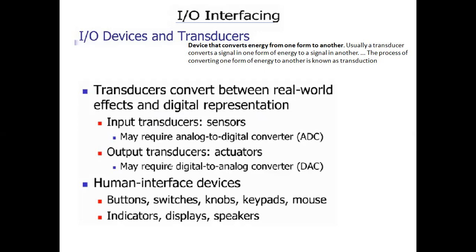We know that our embedded system only understands the electrical signal, the signal in terms of voltage. Therefore, an input transducer converts physical signals to electrical signals. In a broad sense, these transducers can also be called sensors.